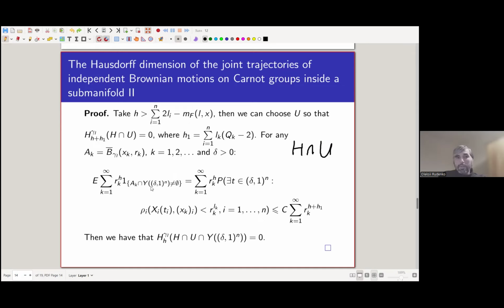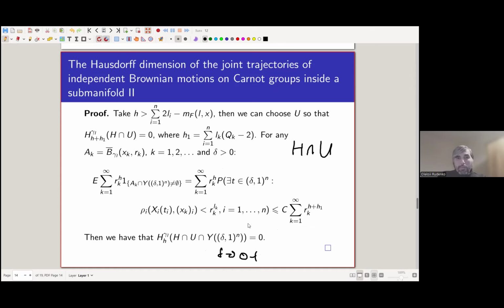And then I take expectation and find how much I get in the end. And you can see that I get exactly what I need. So the power is exactly what it has to be, and from this we obtain that if we intersect it with this set, then this will be 0, and then we can just set delta to 0 and obtain our result.